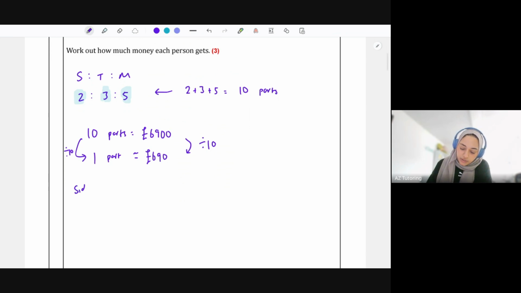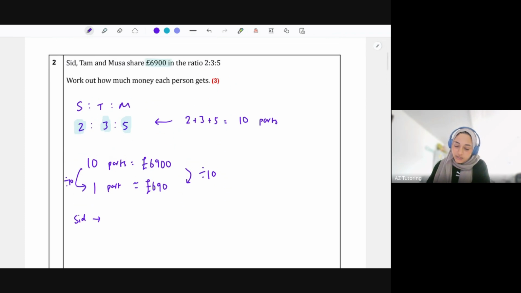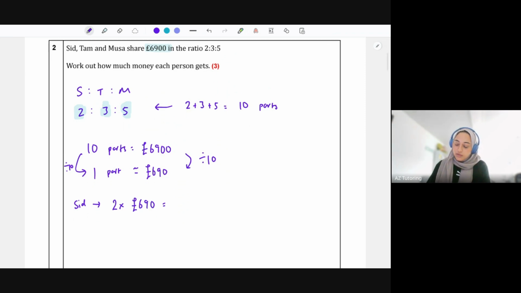Now we can just work out for each person how much they're getting. For Sid, he's got 2 parts, so I'm going to do 2 times £690, which gives £1,380. For Tam, how many parts has he got? He's got 3 parts. So 3 times 690 is £2,070.